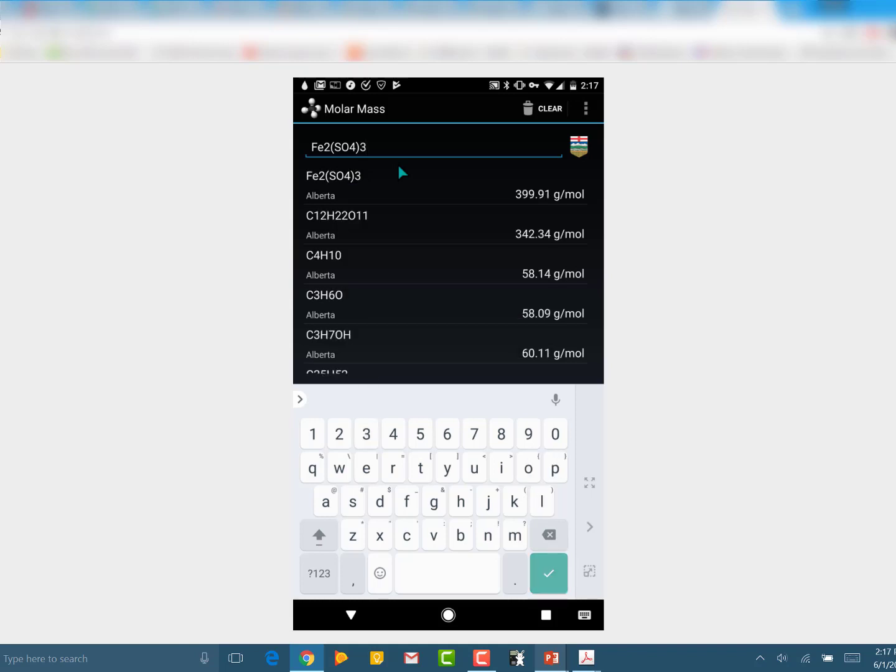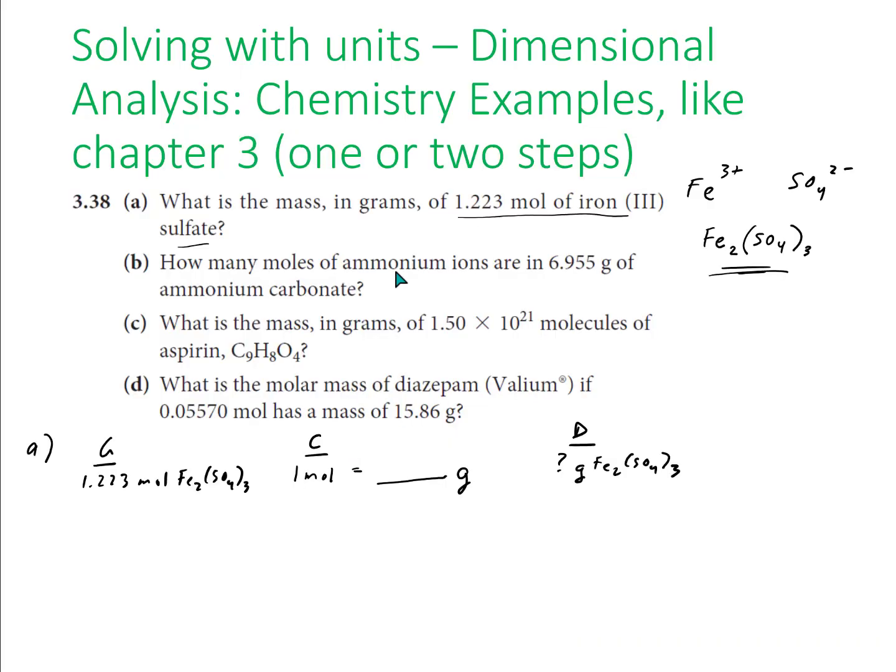Usually it finds it automatically for you. As soon as you start typing it, it comes with suggested results, and you don't have to type in the whole thing. This one, it didn't find it for me right away. So, anyway, it's 399.91. Okay, so I'm going to go back to my problem here.